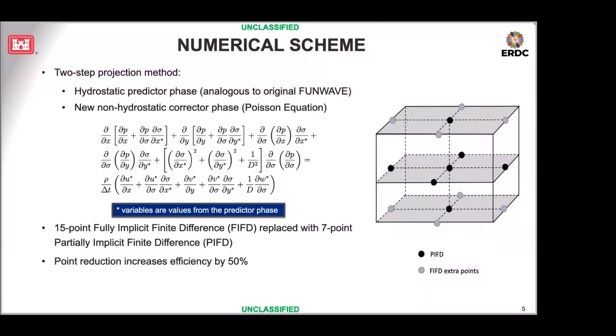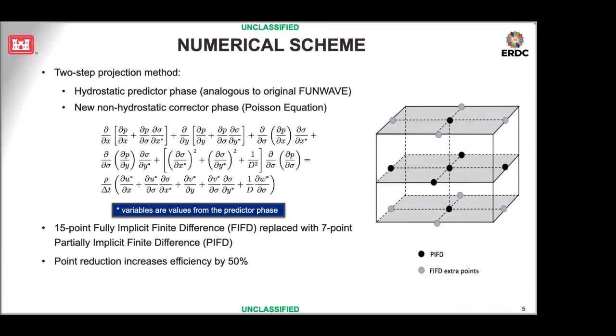Another key difference is with the numerical scheme. We adapted a new two-step projection method. The first step is the hydrostatic predictor phase, and this is analogous to the original FUNWAVE equation. However, now including a surface flow technique, there's a new phase, the non-hydrostatic corrector phase, which involves solving a Poisson equation.